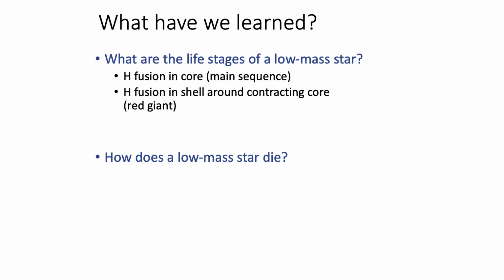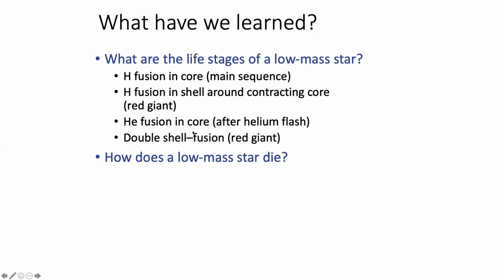It's getting hotter and hotter and hotter and driving this hydrogen fusion in the shell. Then it gets hot enough that helium fusion begins in the core. That is after the helium flash. And then we have double shell fusion, where the helium fusion in the core starts to leave behind this inert carbon, which has a shell of helium fusion around it with a shell of hydrogen fusion around that.